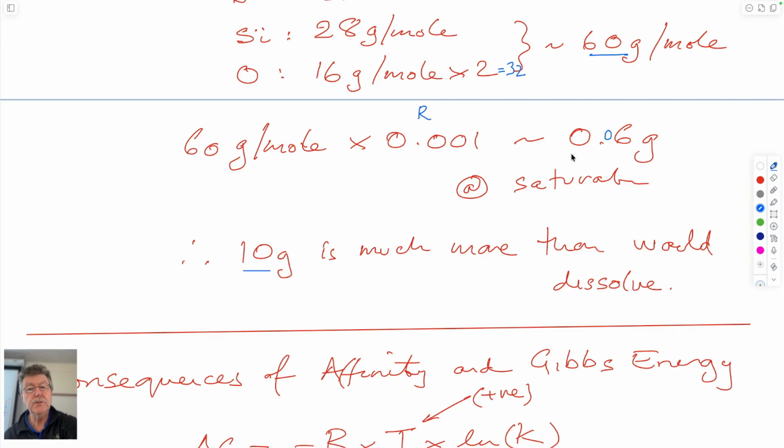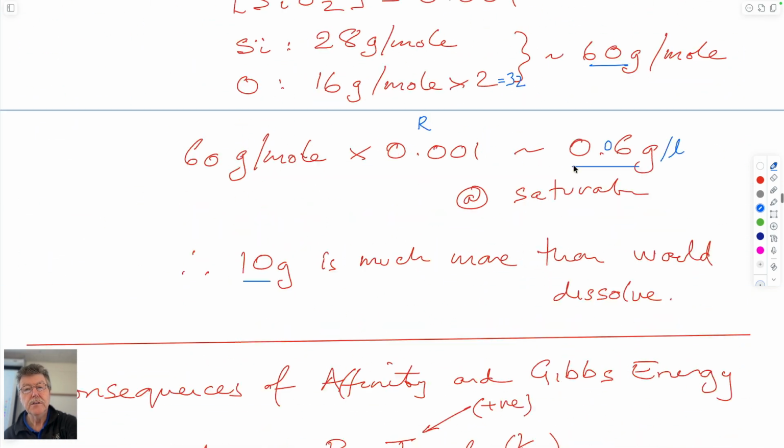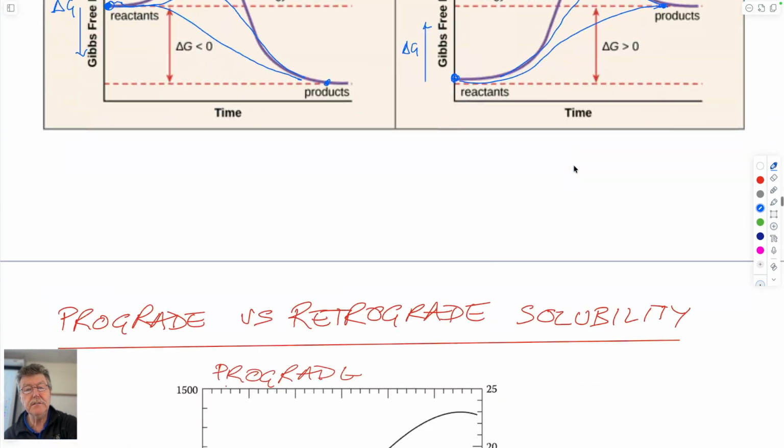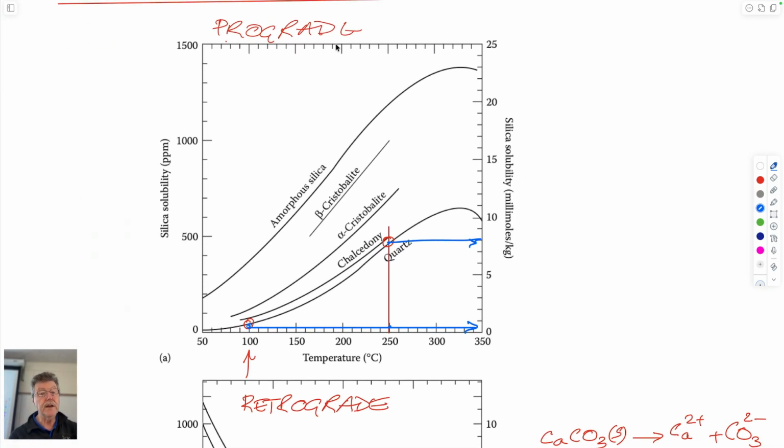The natural solubility was equal to 0.6 grams per liter or kilogram at equilibrium. So this is the solubility at that particular temperature, which for us was 100 centigrade, I think. So we can look at how the solubilities would change as you go for a prograde system in this particular case.